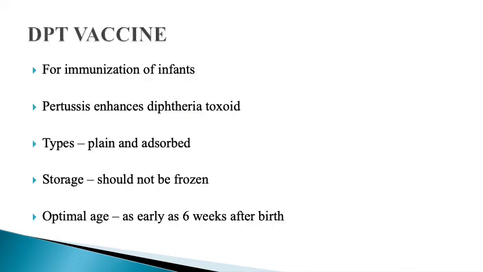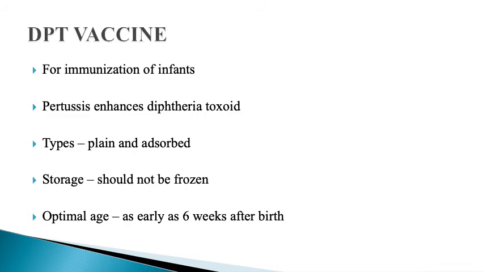Coming to the combined vaccines, the most preferred vaccine for the immunization of infants is the DPT vaccine. Firstly, because the infant can be immunized simultaneously for three diseases, and also the pertussis component in DPT vaccine enhances the potency of the diphtheria toxoid.